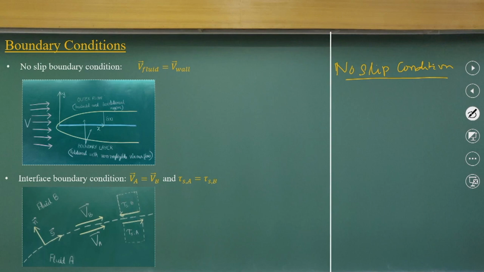That means if a solid is moving with velocity V, the fluid particles attached to it will also be moving. This fluid has velocity Vf and the other one is moving at Vm. Because of the no slip condition, both have to move at the same velocity. Okay. That is the no slip boundary condition.